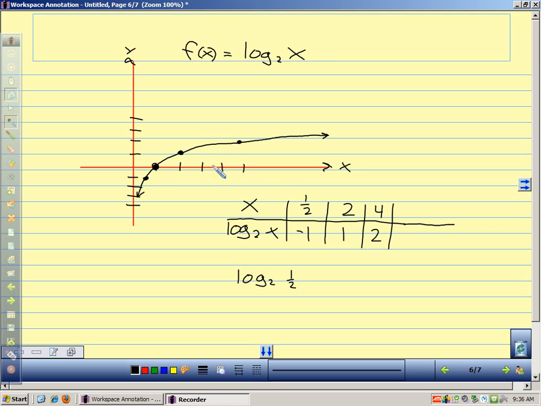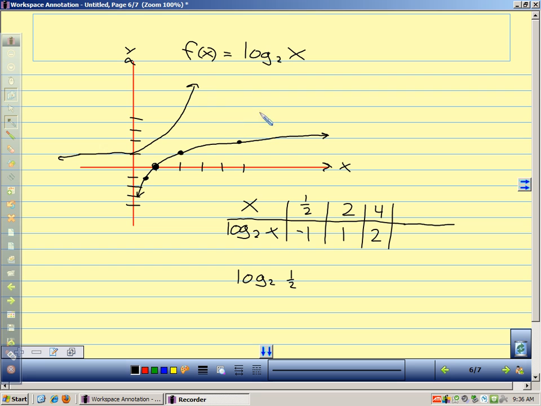And if we remember our exponential function, it looked something like this. And this is a reflection of the exponential function over the line y equals x.